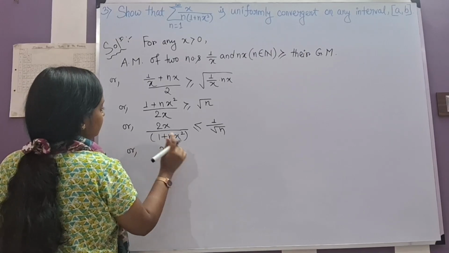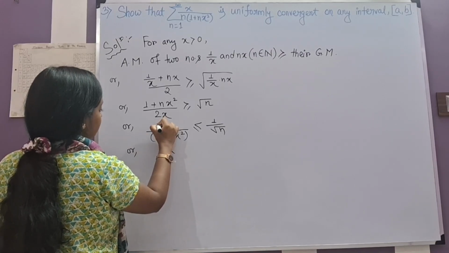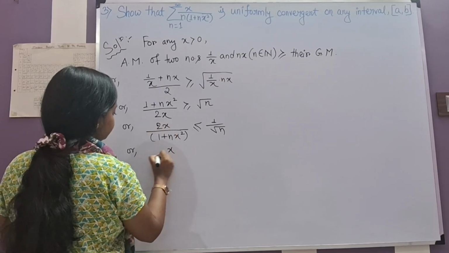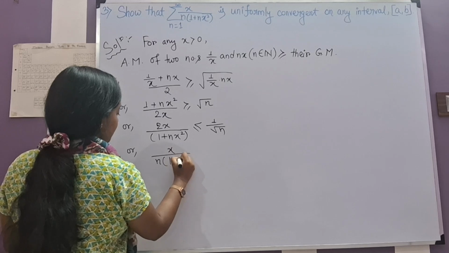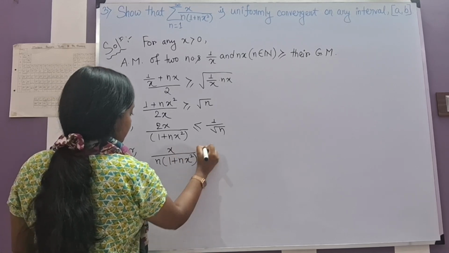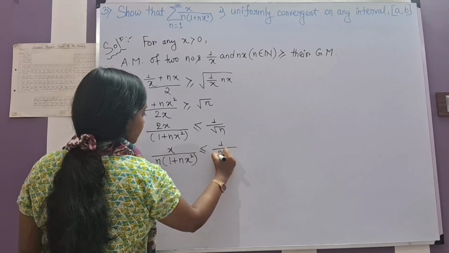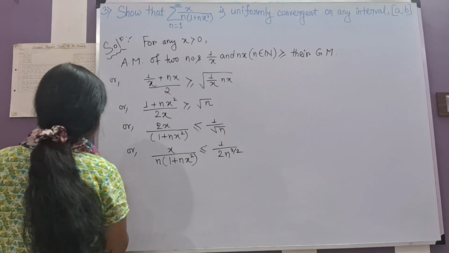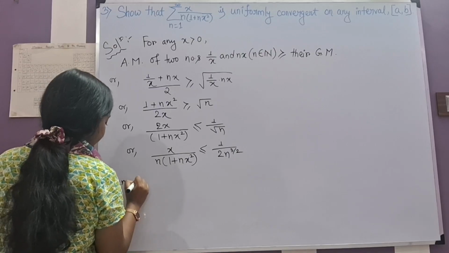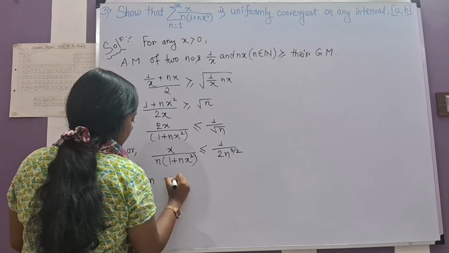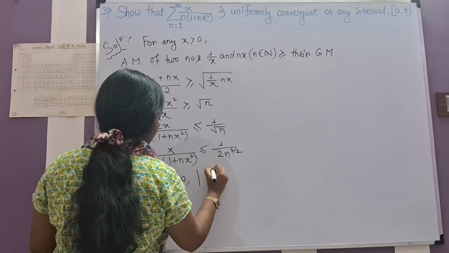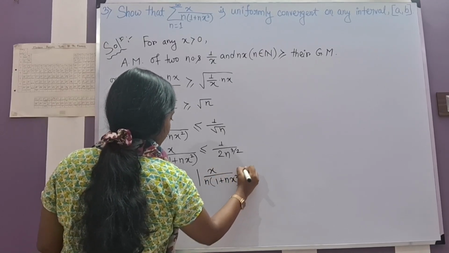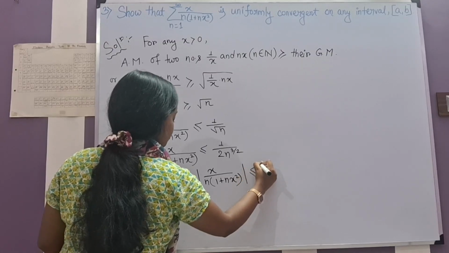Or x by n into (1 plus nx squared) is less or equal to 1 by 2 into n to the power 3 by 2. Now even when x less than 0, mod of x by n into (1 plus nx squared) is less or equal to 1 by 2 into n to the power 3 by 2.